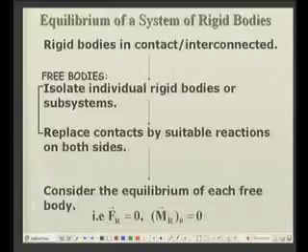Now taking each free body as a separate entity, we will consider the equilibrium, and the conditions of equilibrium are again that the resultant of all the forces is 0, and secondly the resultant of all the moments is equal to 0. Let us consider an example to illustrate this point.